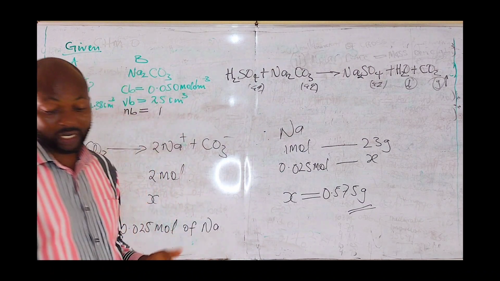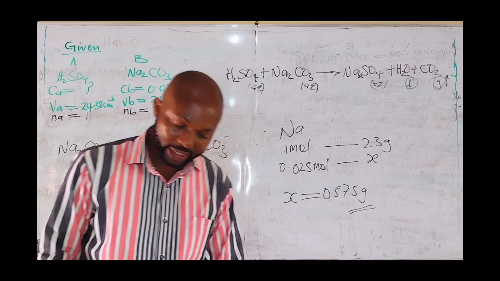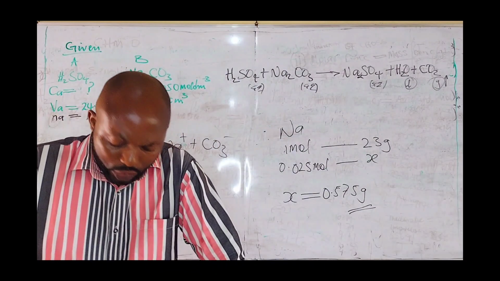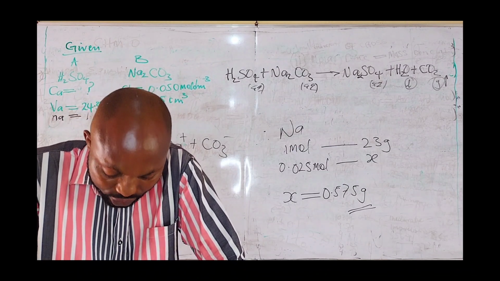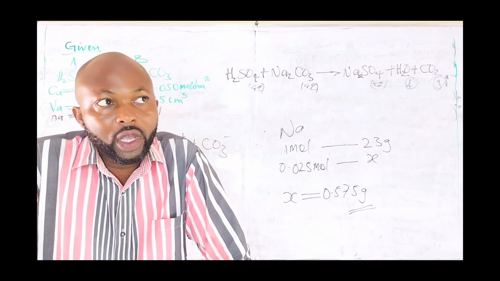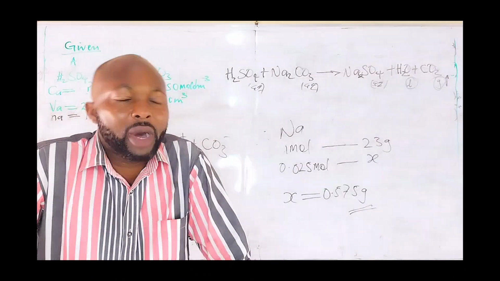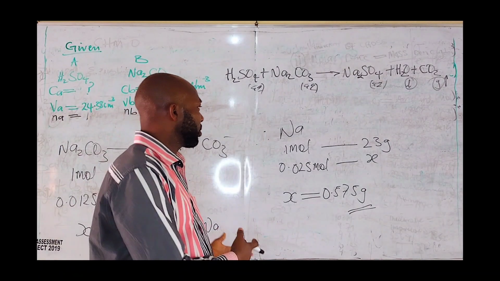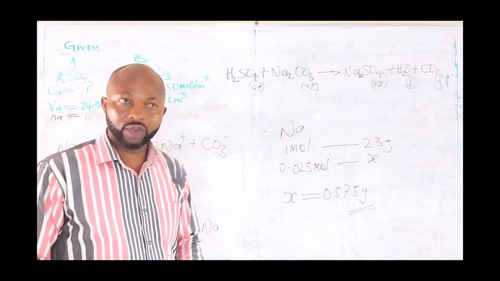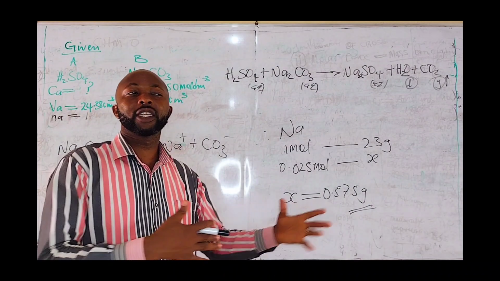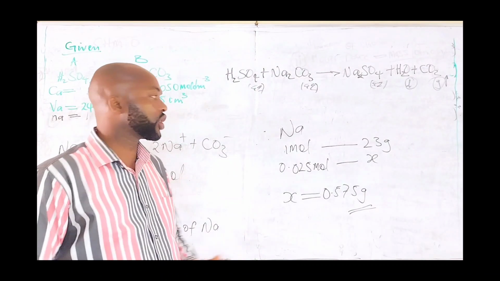So we are practically done with the first question. Remember, they say again that we should find the mass of sodium ion formed in solution during the titration. So when you're done calculating your amount, the good thing about this last question is we started with our amount. So we have to take it into the amount-mass relationship.